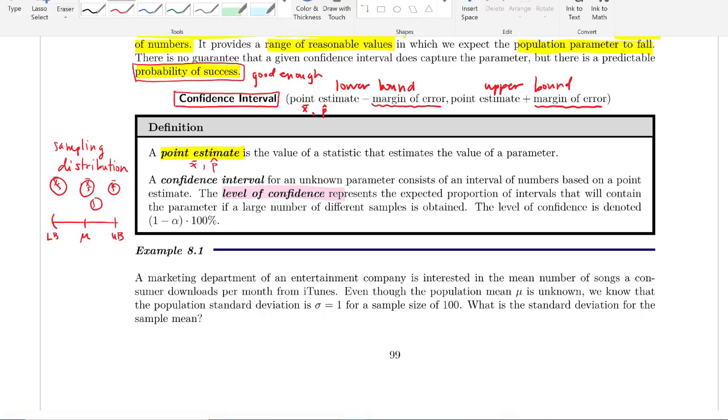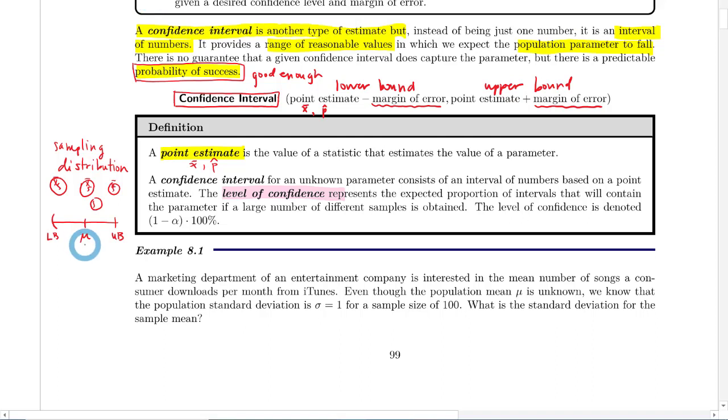The distance from the population mean to the lower bound, or from the population mean to the upper bound, is called the margin of error. And I like to call it MO sometimes, because MO sounds so much cooler than margin of error.